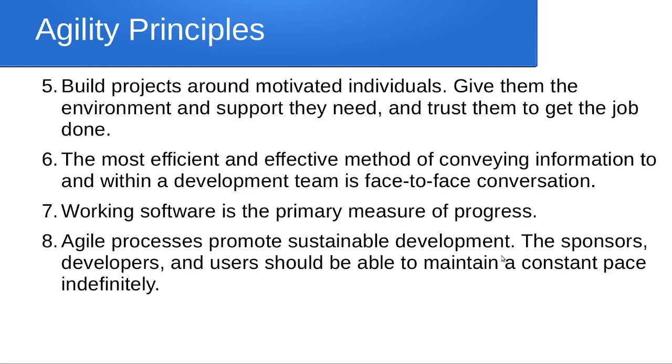Sustainable development means that the sponsors, developers and users should be able to maintain a constant pace indefinitely. They will always have to maintain the pace that they are maintaining.